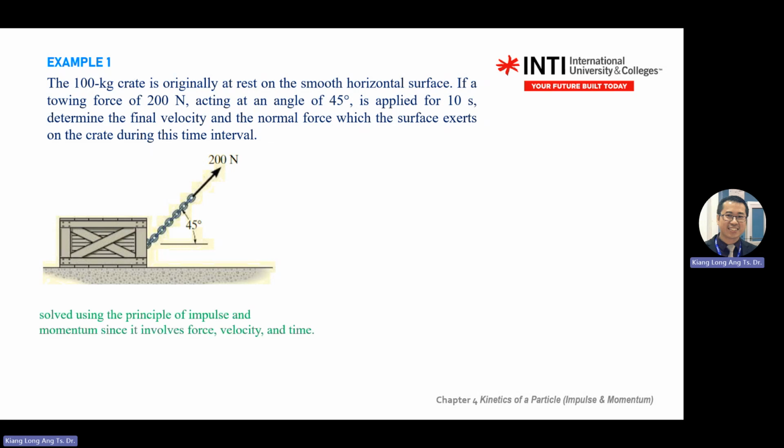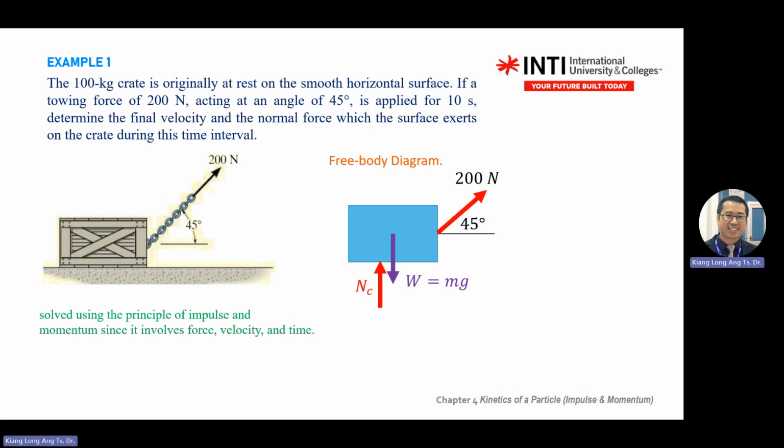So we try to solve using the chapter 4 equation, the principle of linear impulse and momentum. You write a free body diagram. I think you have no issue on that. Now, because of this 200 Newton at 45 degrees, remember to split it into X and Y. Every time, split this 200 into X and Y so that you solve your equation in the X direction and Y direction.